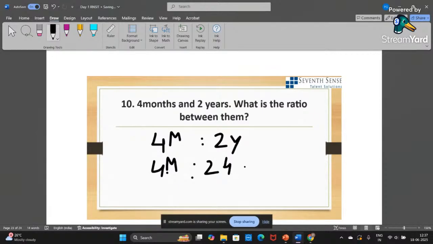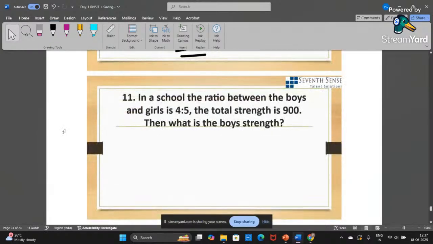So finally the ratio will be 4 ones are 4, 4 sixes are 24, so it is 1:6. The answer is 1:6. Next.